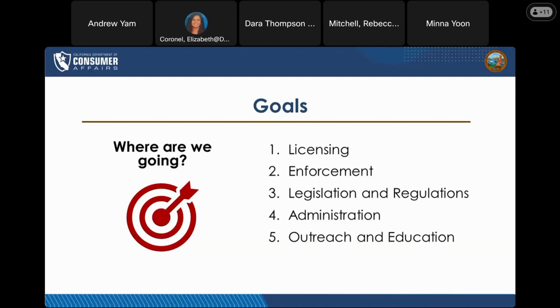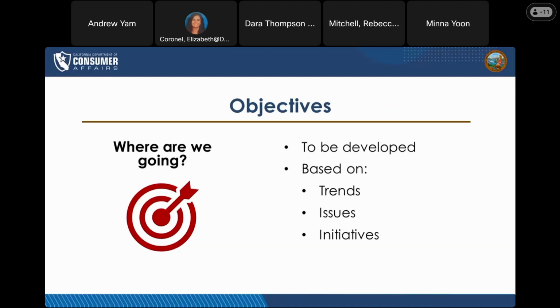So for example, a goal area would be technology. An objective under technology would be something like develop software application functionality to support enforcement and field investigations. So that's the differentiation between goals and objectives. And goals can also be redefined during the strategic planning process.